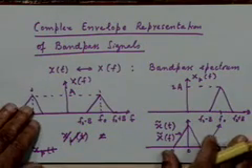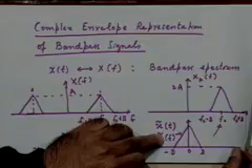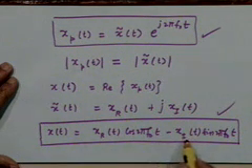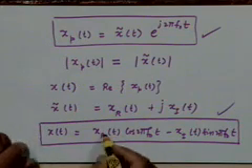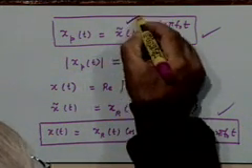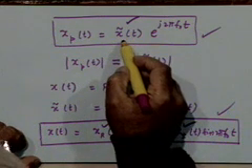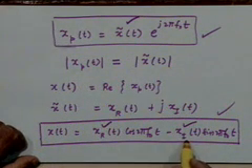The real and imaginary parts of x tilde(t) are therefore both low pass signals. So this is a complex valued low pass signal, and these are both real valued low pass signals.